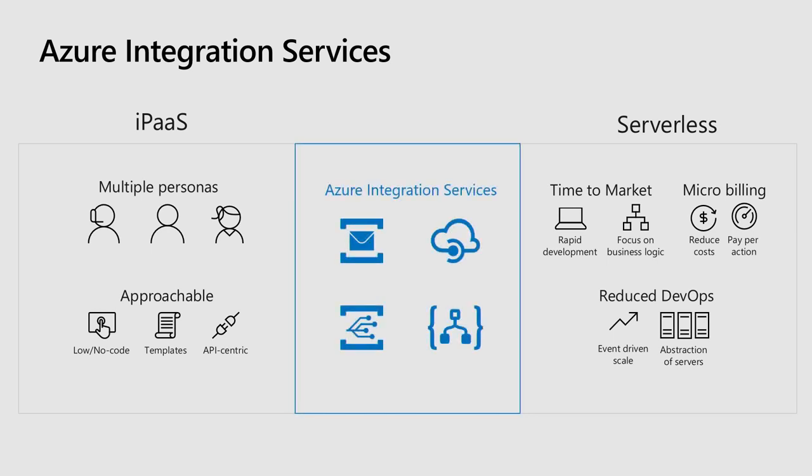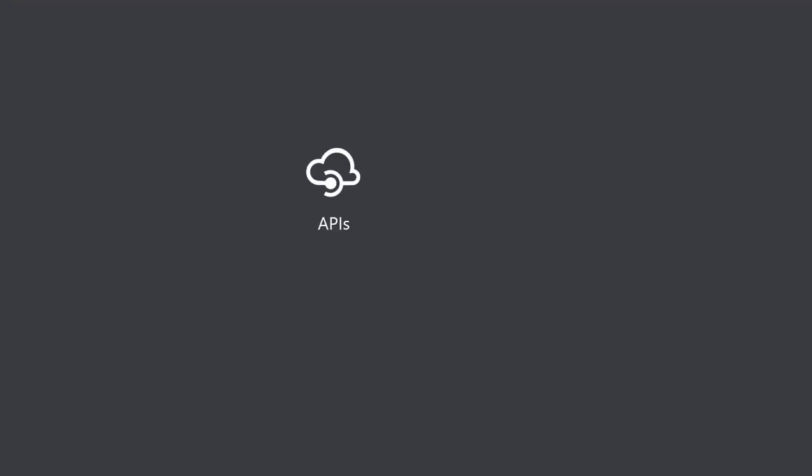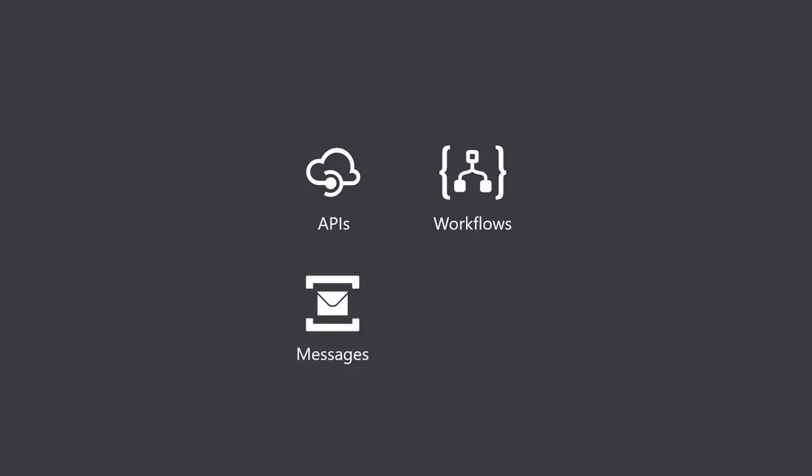And this is where Azure Integration Services comes in. Now remember I said this is a collection of capabilities. It's 4 things. So let's get into that. So it's APIs, of course. It's workflow and orchestration, the ability to automate and orchestrate things. It's messaging, as I mentioned, to be able to loosely couple systems together simply and easily. And it's events.